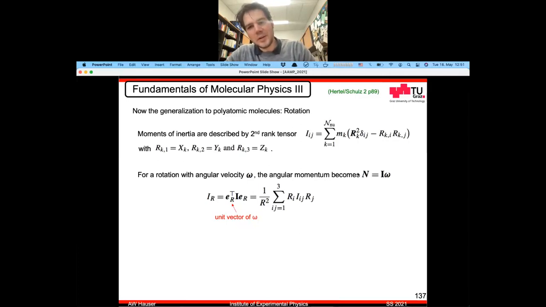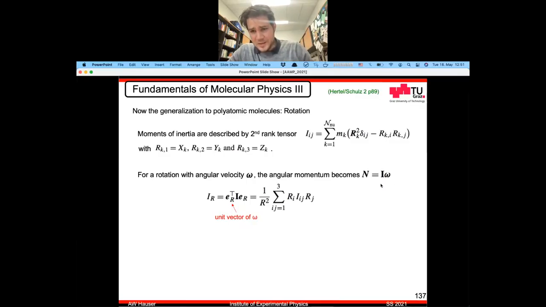And it's very common to denote the real angular momentum, so the angular momentum of the physical object, the molecule in space, as n, because L is something we've used already for the angular momentum of the electron hull, if you remember, right? So let's try out a new one, which is written as n. So we say n equals I times omega.